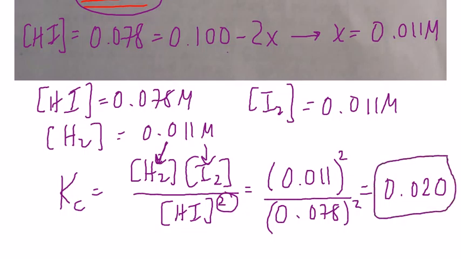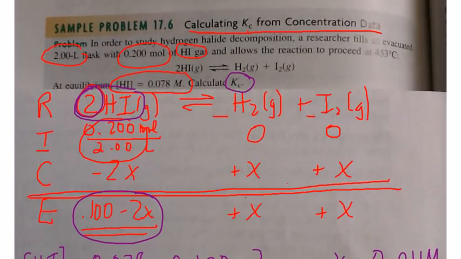So just to review really quickly, we set up what's called a Rice table when we're solving these types of equilibrium problems. R stands for reaction, I stands for initial concentrations, C stands for the change, and E stands for the concentrations at equilibrium.